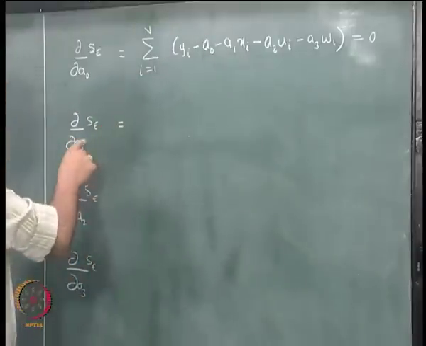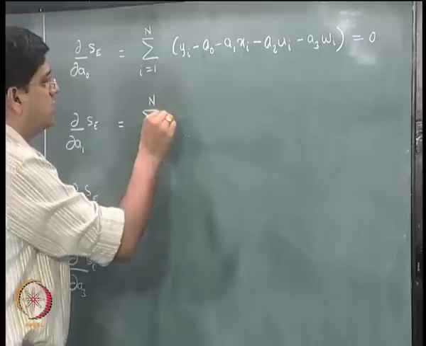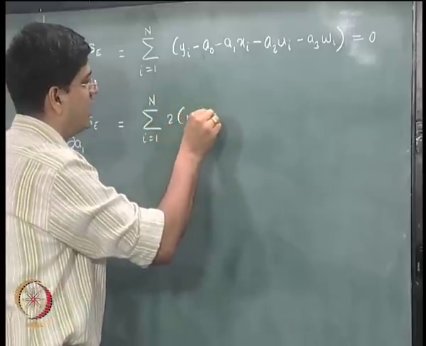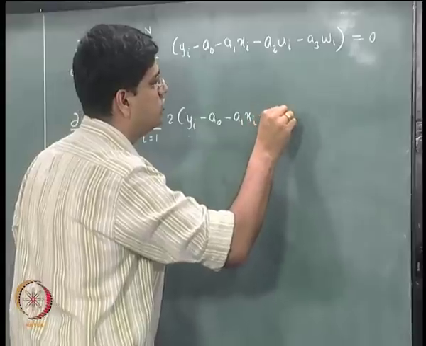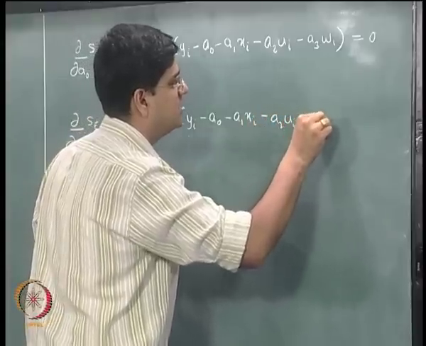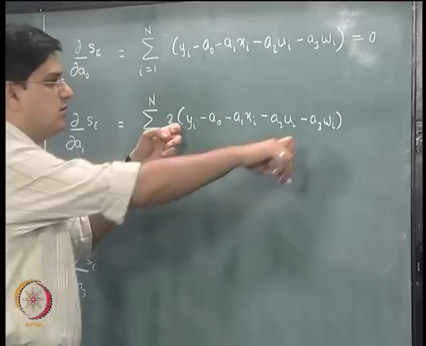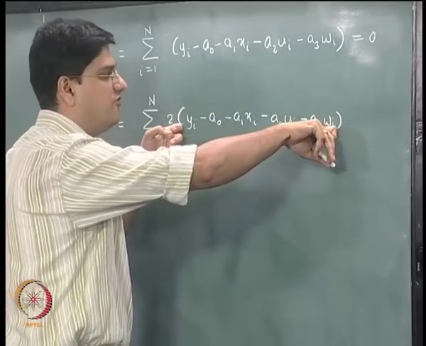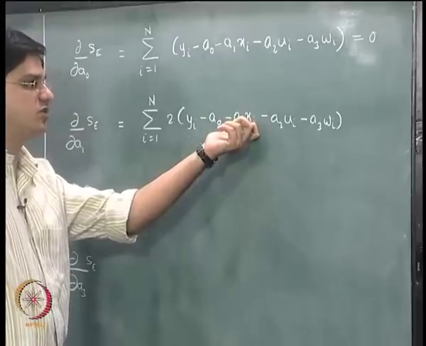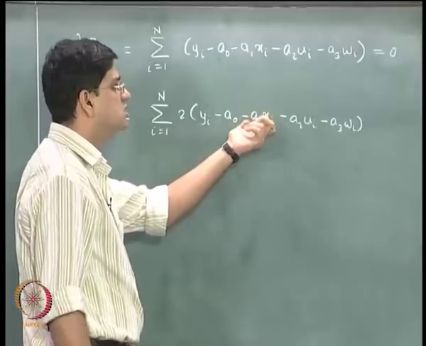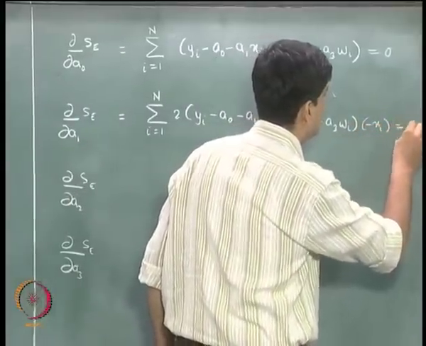The second equation is going to be summation i equal to 1 to n, 2 times yi minus A0 minus A1 xi minus A2 ui minus A3 wi. This multiplied by the partial differential of this term with respect to A1. There is only one term with A1 over here, and that is this term. So this will be multiplied by minus xi equal to 0.